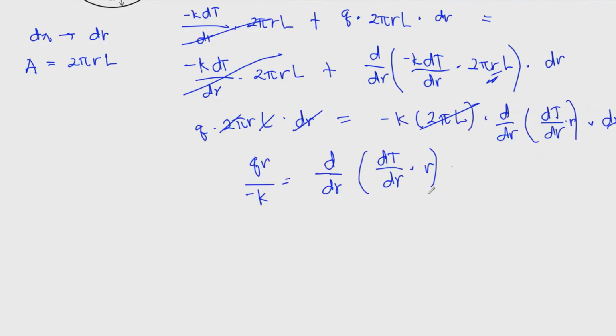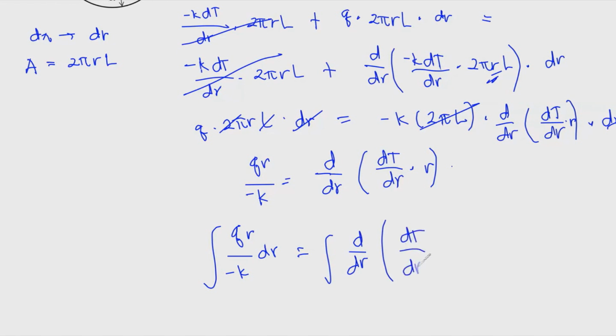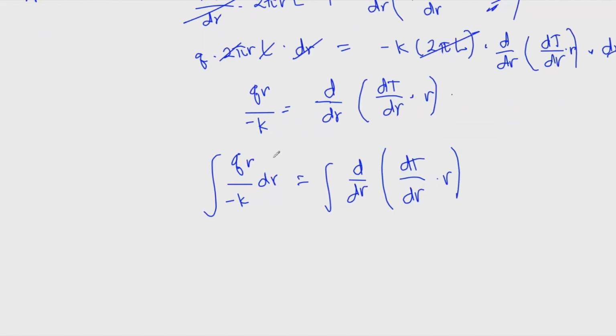Now, since this is actually the differential form, I can now integrate this. So I'll be integrating this with respect to the differential change in radius, so that is q r over negative k dr, equal to the integral of d over dr of r dT over dr. Now we can simply take out q over negative k and multiply with r squared over 2.